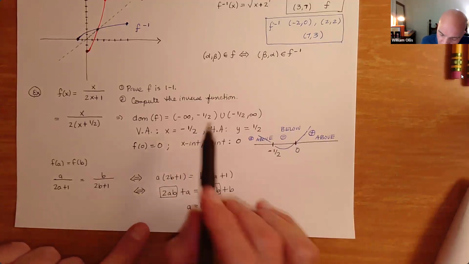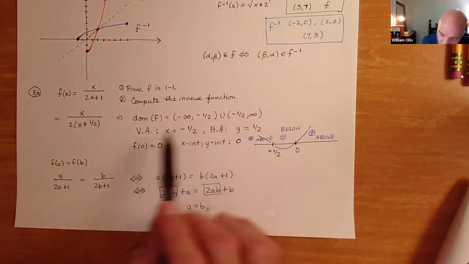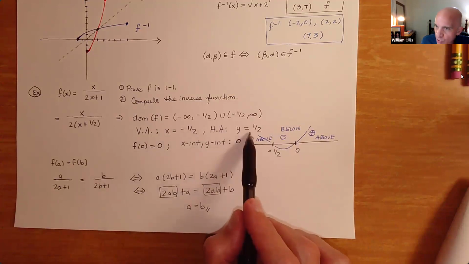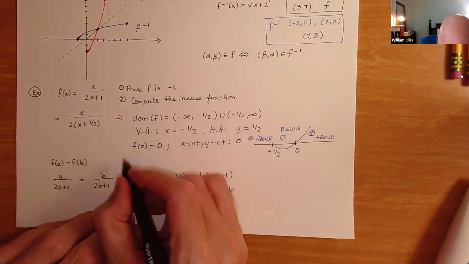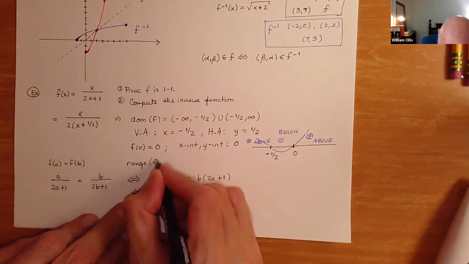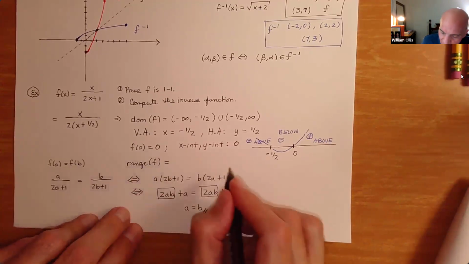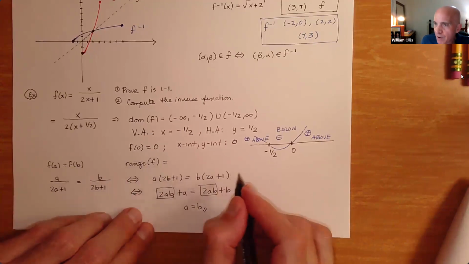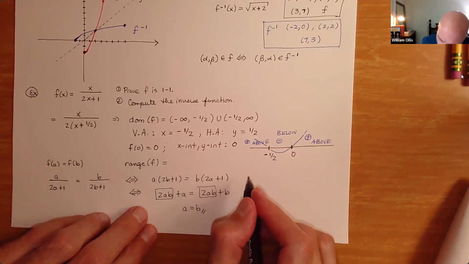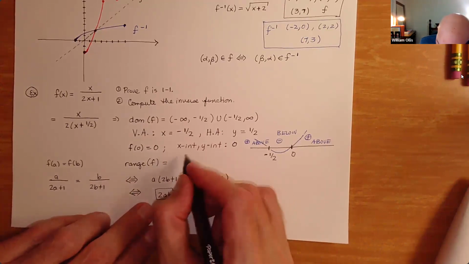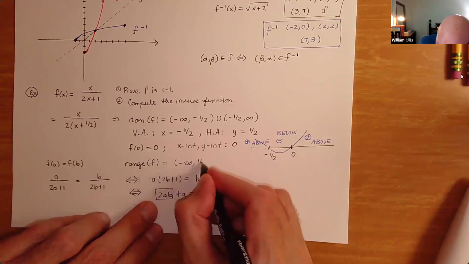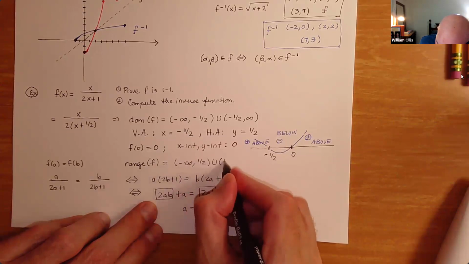Now, of course, I've got the domain here, but notice with this horizontal asymptote, we can actually write the range too. So I'll go ahead and write the range of f. Now we're tacitly assuming that the function never equals 1/2, and we could prove that. But for right now, this will just say that the range is negative infinity to 1/2 union 1/2 to infinity.